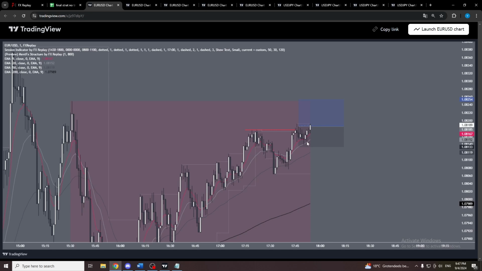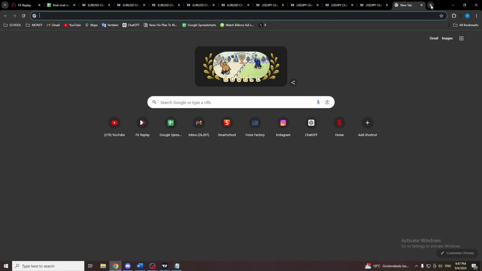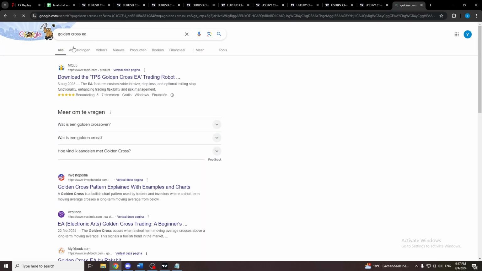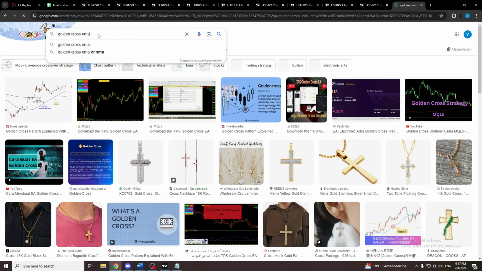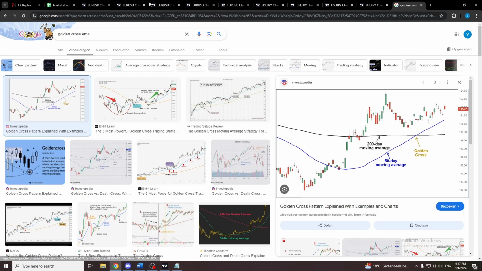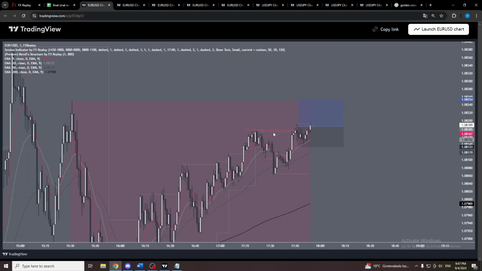Well, look at the EMAs, and especially look at the way price interacts with the EMAs. Don't pay attention to EMAs crossing each other, the Golden Cross or whatever it's called, because it doesn't really matter.